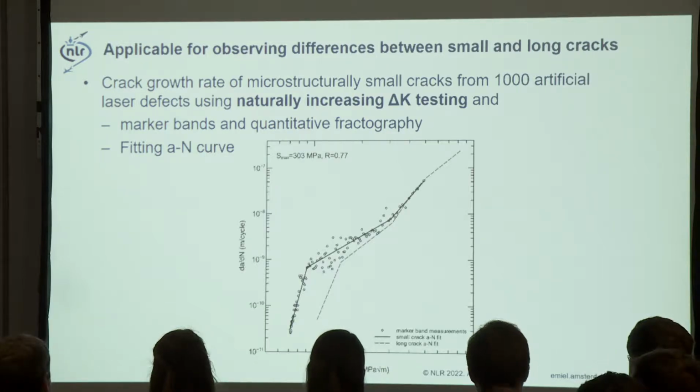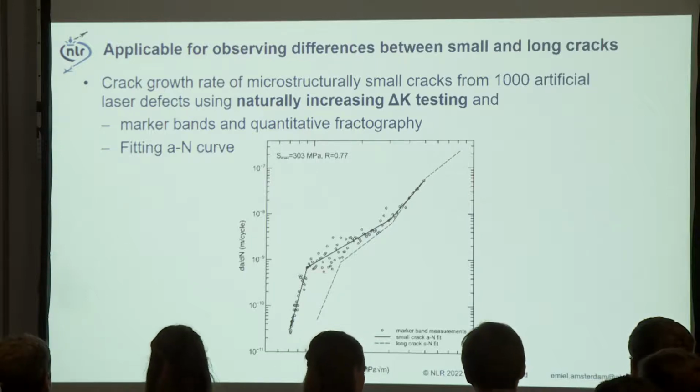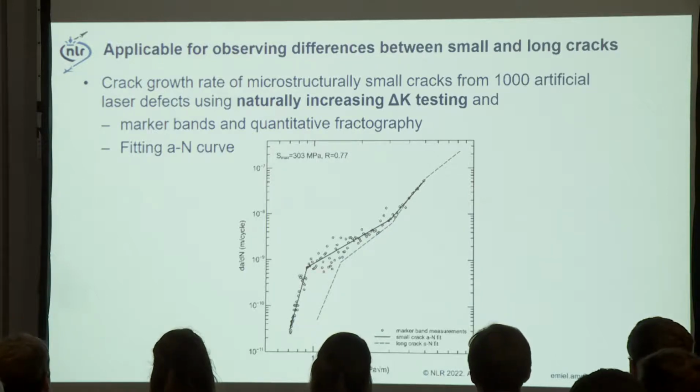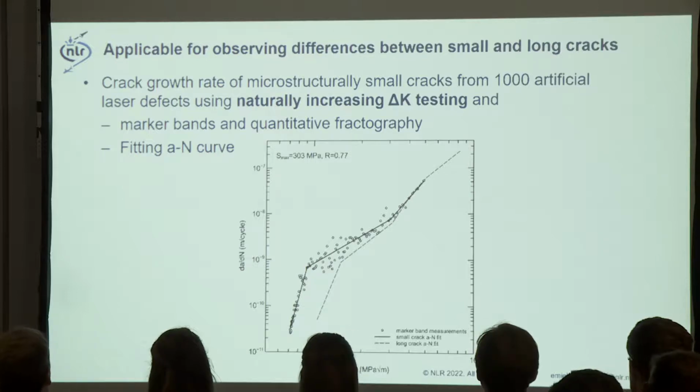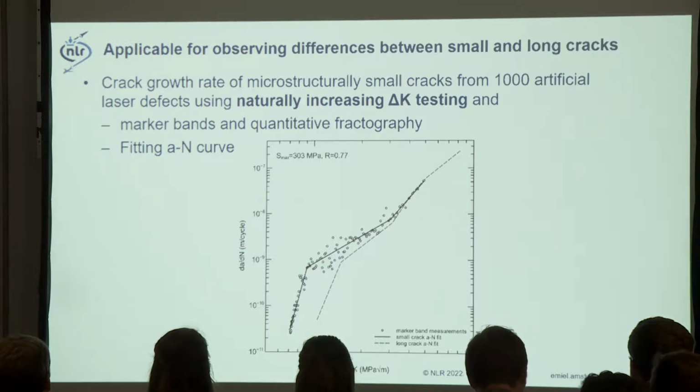So the dots are the measurements of the marker bands, and the black line here is the fit of the a versus N curve, and we can again see a very precise location of the transition point where you go from stage 1 to stage 2A, and here you can also see the long crack data for the same stress ratio. So that was the previous long crack specimen with the same stress ratio.